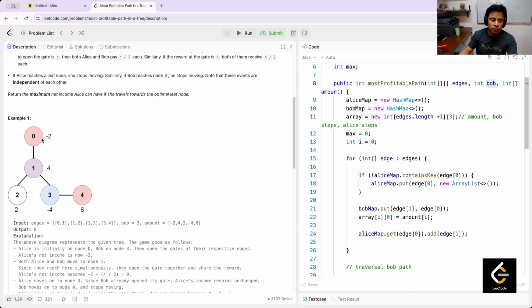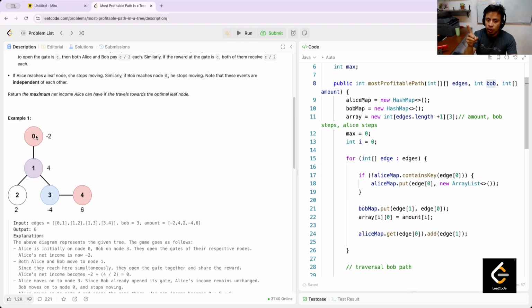Another way to explain this is that Alice goes down and Bob goes up, in different directions. If Bob is here, when he goes to this point, Bob pays for this node, which means that when Alice crosses this node, minus 4 becomes 0 because Bob paid for it before.